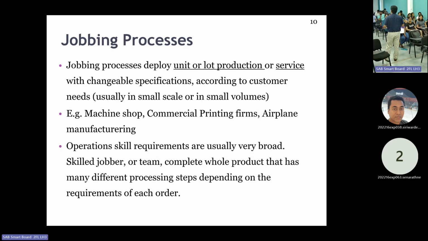So manufacturers, do they produce 1 by 1? They produce all 5 together as a small batch, so that they can save a lot of time, a lot of resources, and especially labor.